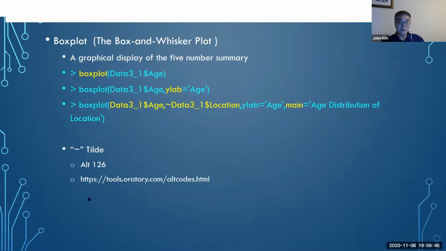In case your keyboard doesn't have that key, then use this kind of function: hold the Alt key and then type 1 2 6 on the number keys, then it will give you this sign.